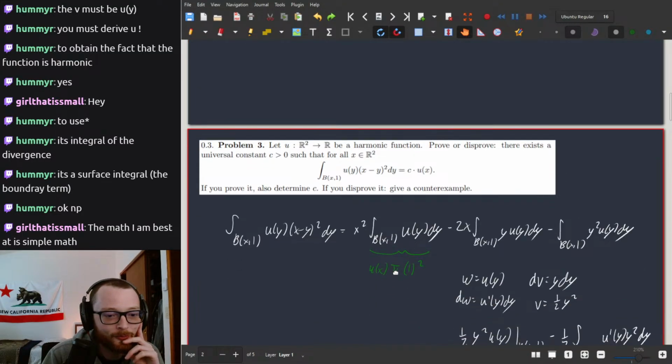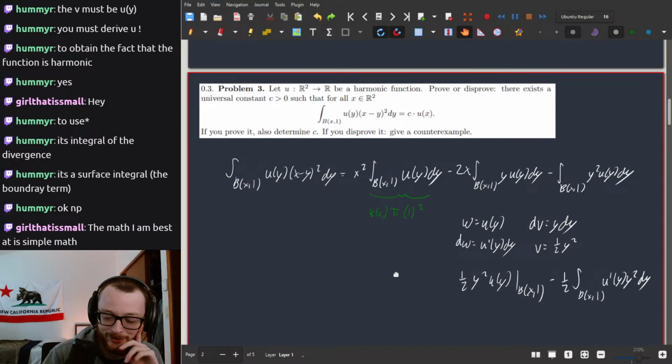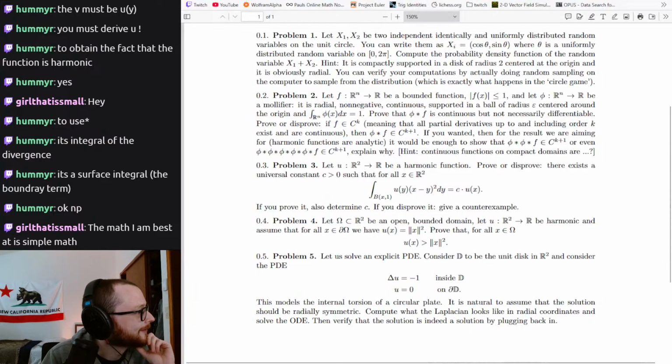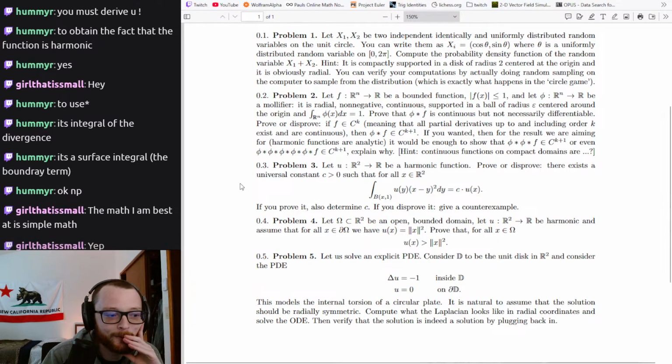Simple math is much simpler, you might say. I have no clue what I'm doing with this homework.